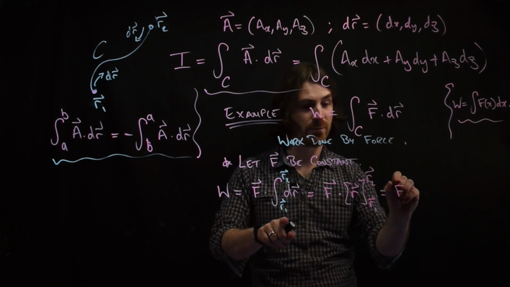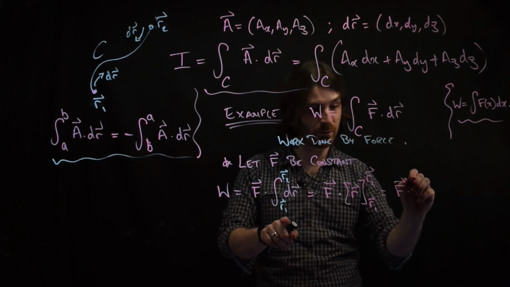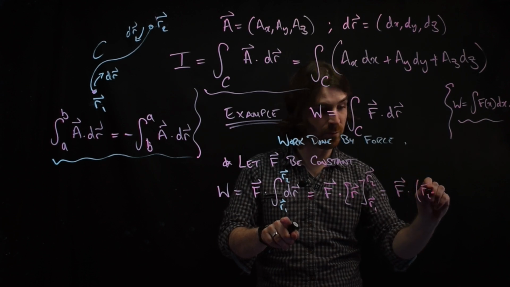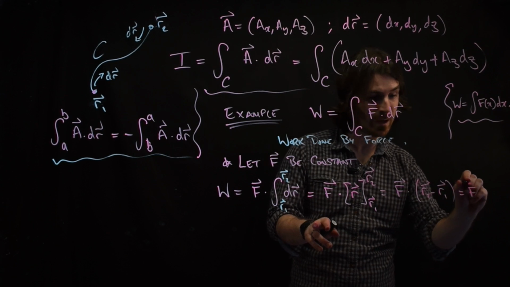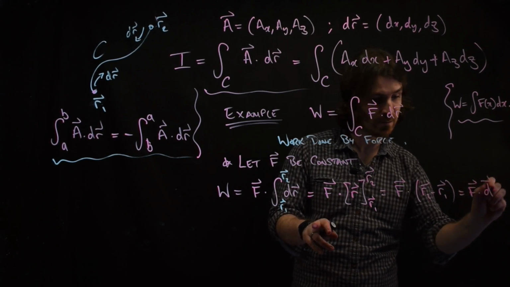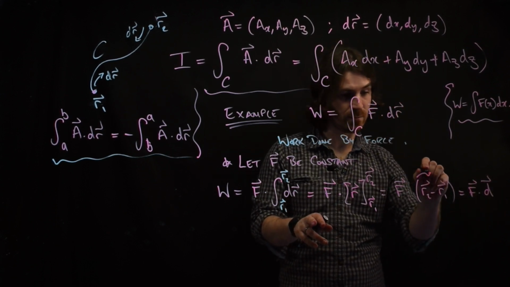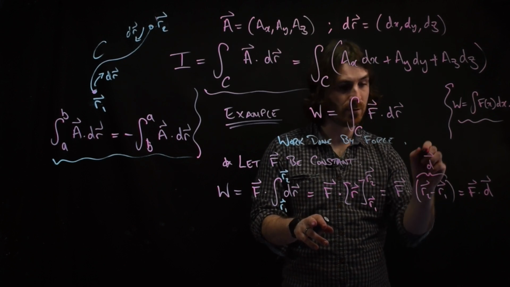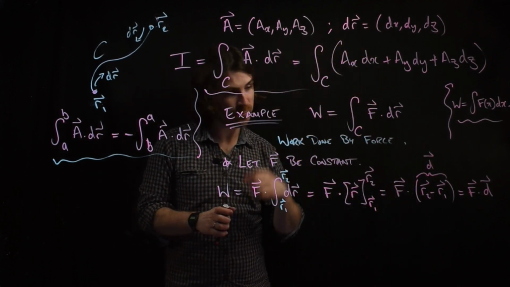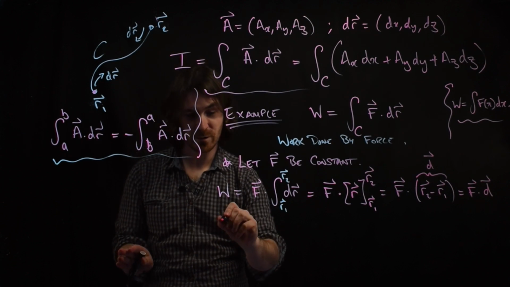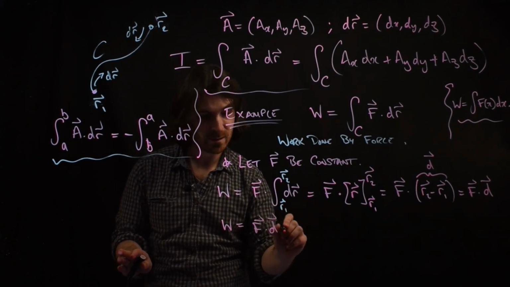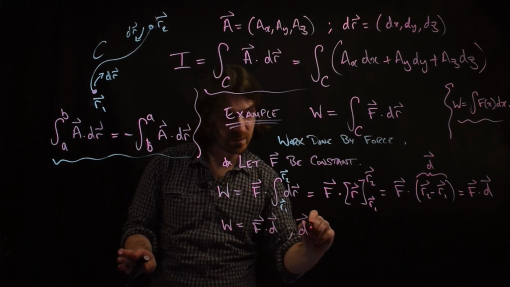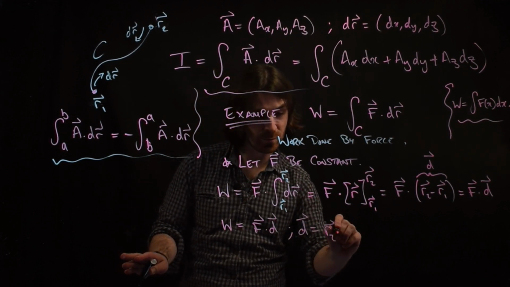So this is just f dot (r2 minus r1), which we call d. So f dot d. Alright, so we find that the work done by a constant force is equal to f dot d, where d is equal to r2 minus r1.